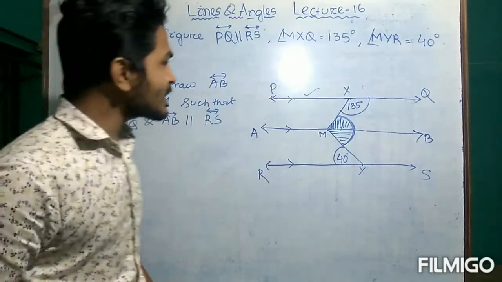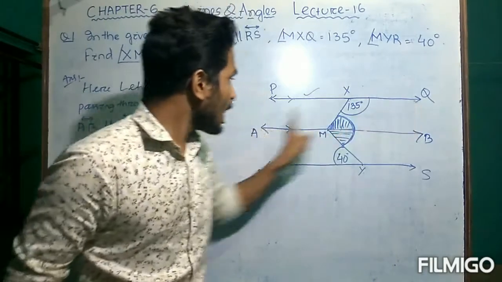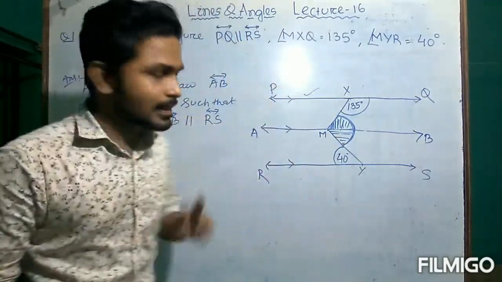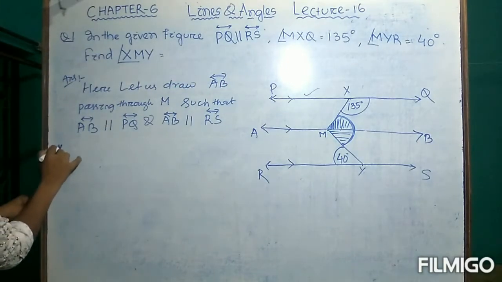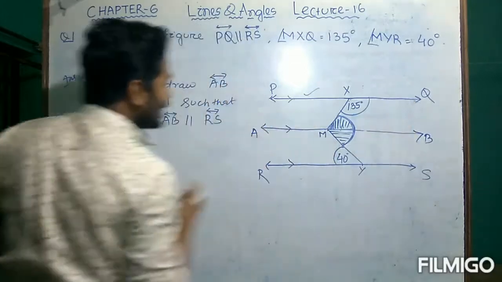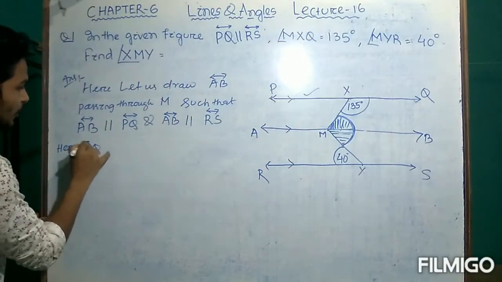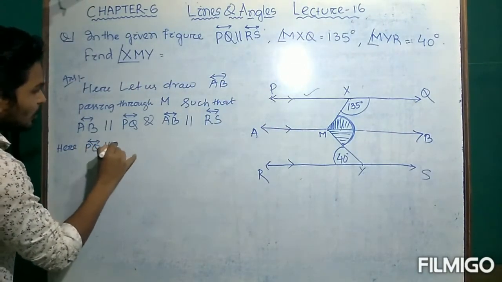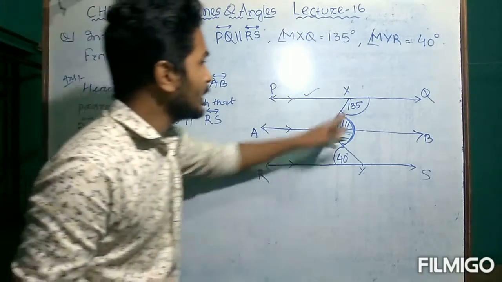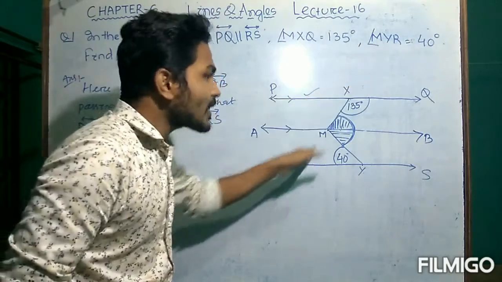For this, consider the line PQ and the line AB. PQ and AB are two parallel lines, so PQ is parallel to AB. And XM is a transversal line.